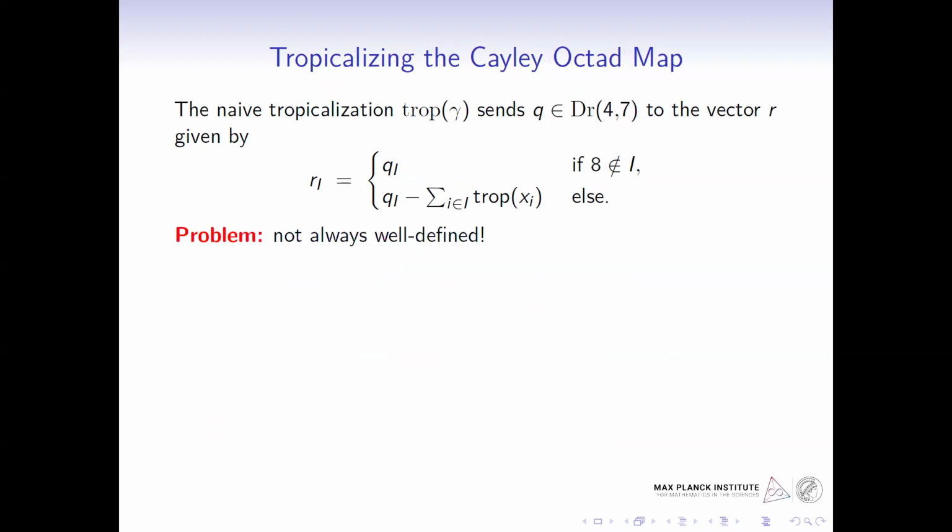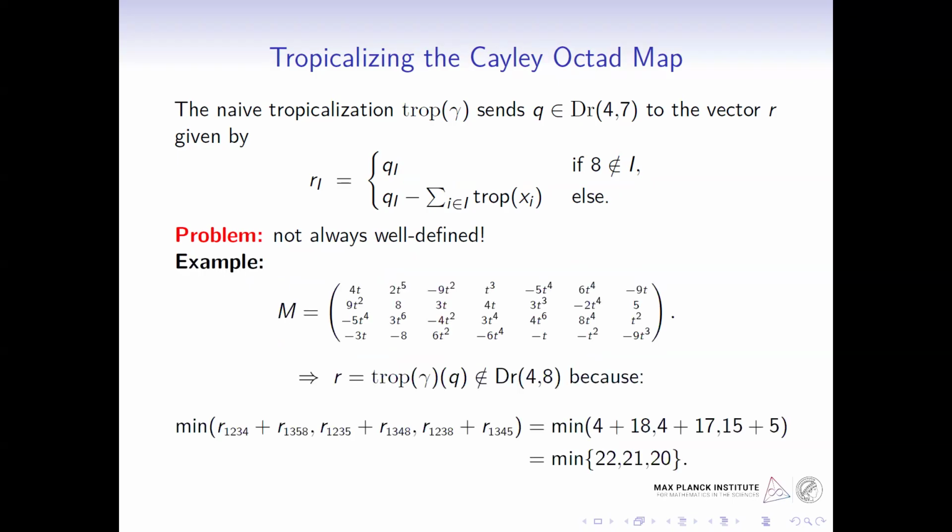There is a problem. In general, this map is not well defined. So if I pick a bad starting point, I will not end up in the Dressian. Let's look at this matrix, for example. Then the image under this map does not live in the Dressian 4-8 because we have 3-term Plücker relations that have to be satisfied on the Dressian.